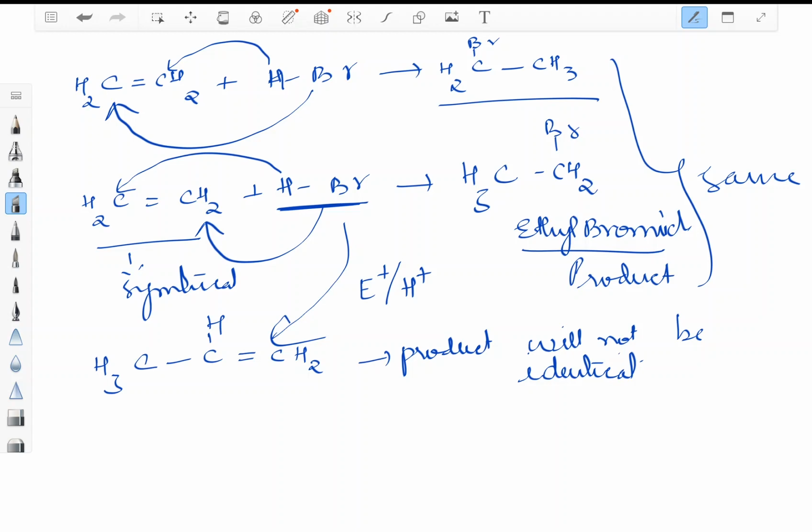I'm just reading out the definition of Markovnikov's rule. When we write down its mechanism, you're going to understand that in detail.